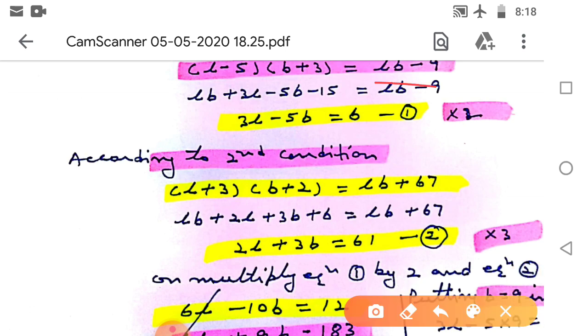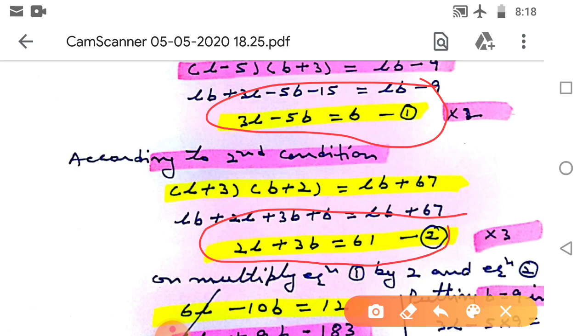Equation 1 is 3L minus 5B is equal to 6 and equation 2 is 2L plus 3B is equal to 67. Now multiplying equation 1 by 2, the coefficient of L becomes 6, and when you multiply equation 2 by 3, the coefficient of L again becomes 6.